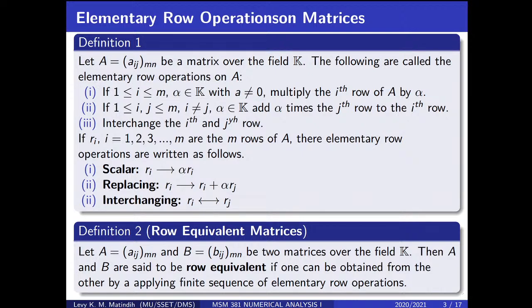In this case, you add alpha times the jth row to the ith row. The i and j in this second part, we assume them to be rows. The next one is, you can also interchange the ith row and jth row.